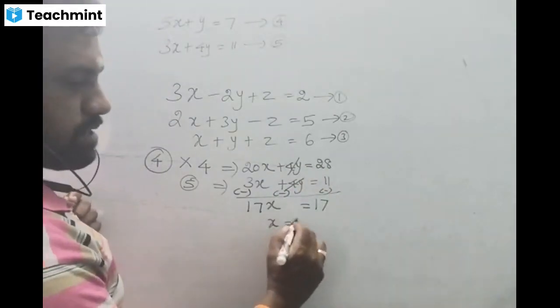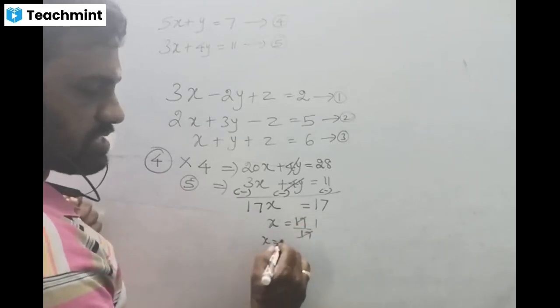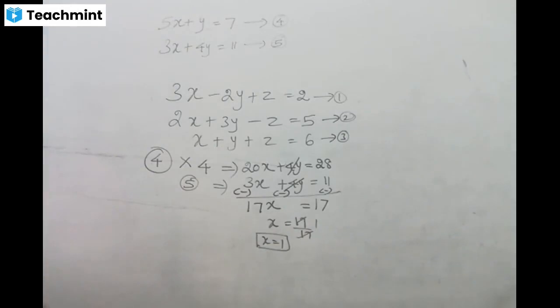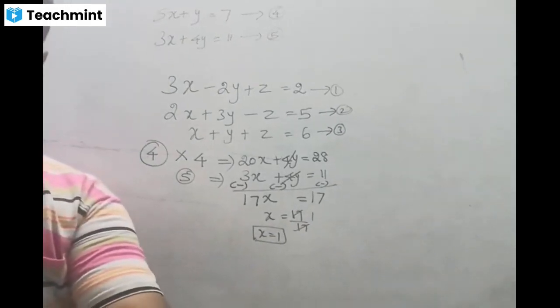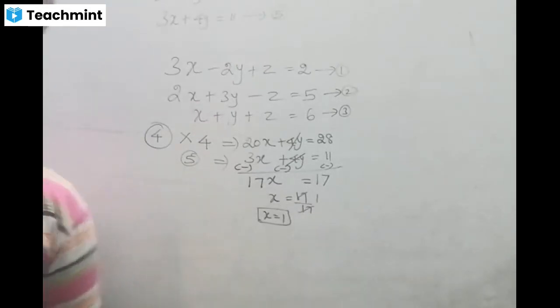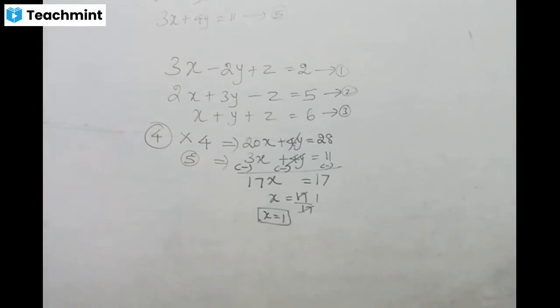Now x equals what? 17 by 17, both are cancelled. 1. Then x equals 1. Okay, Amma? Please copy. If you have any doubt, you may ask. If you have any doubt in any steps, don't hesitate to ask, right?